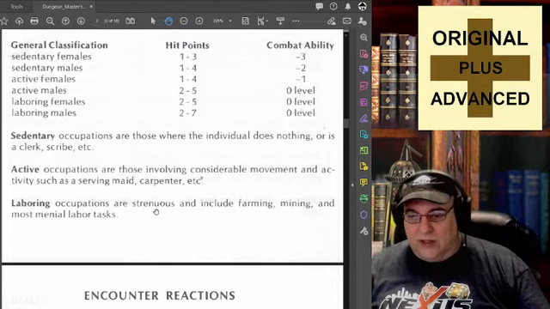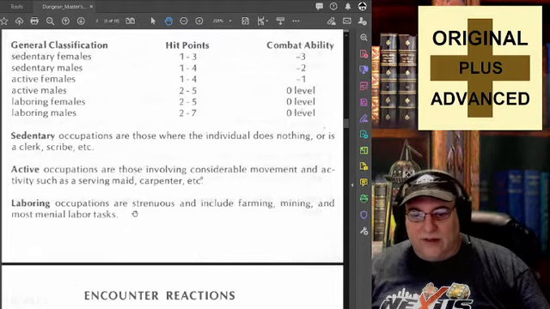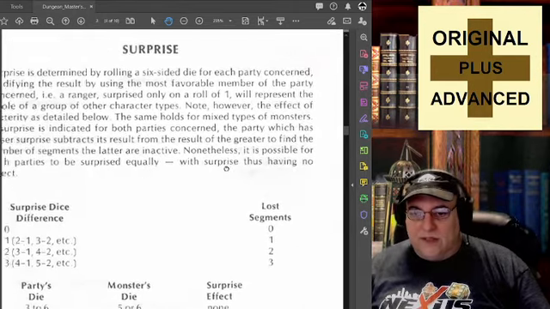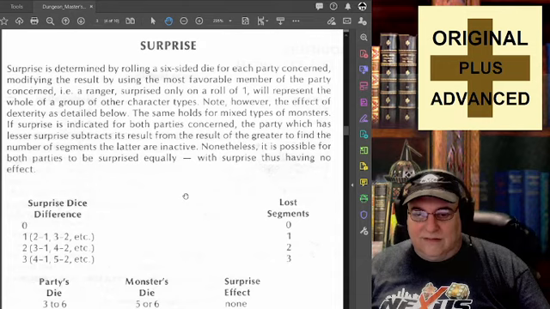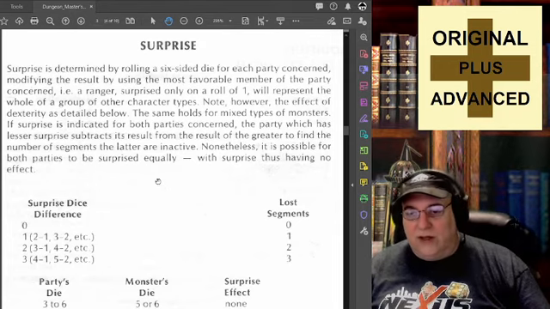Laboring occupations are strenuous, including farming, mining, and most menial labor tasks. You see, I'd put blacksmiths and carpenters up in this sort of a thing anyway. But there you go. Make some adjustments as you like. Surprise, a little more detailed here.